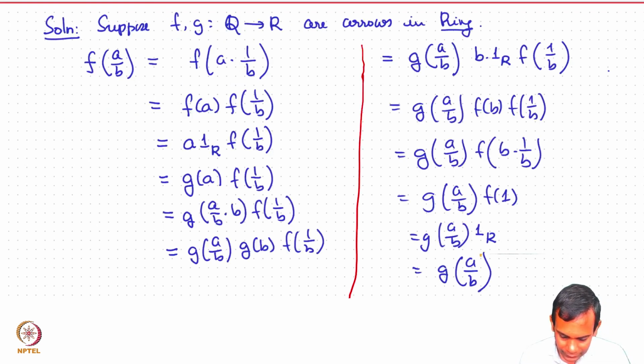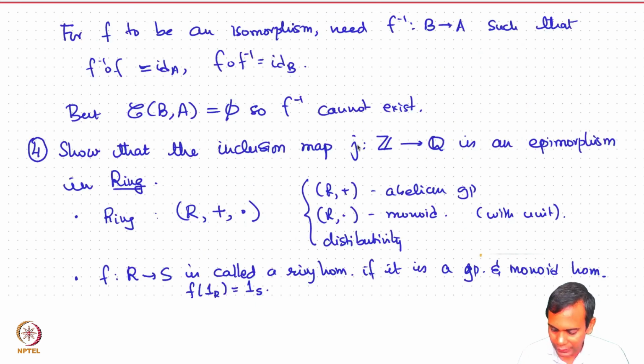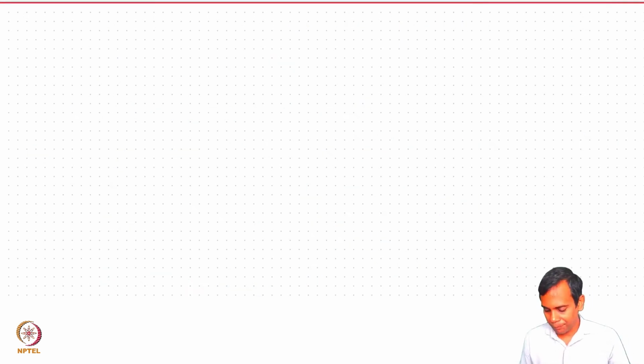This is very interesting because J is not a surjective function, and yet it is an epimorphism. In fact, J is an epimorphism and a monomorphism. Because it's an injective function, it has to be a monomorphism, and we just showed that it's an epimorphism, but it's not an isomorphism.